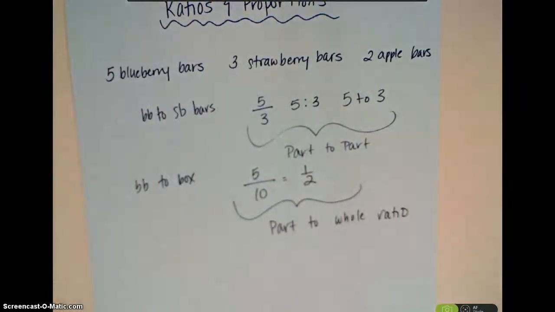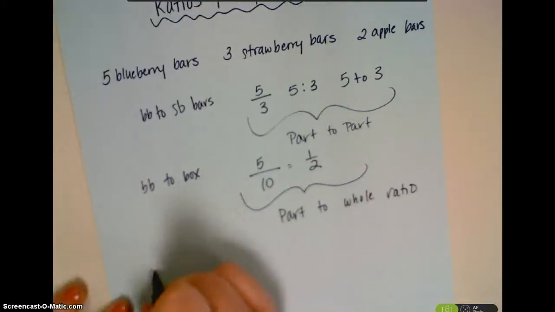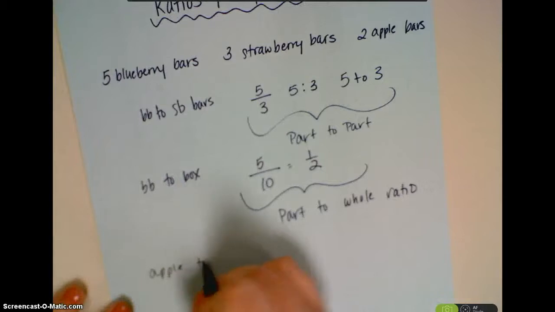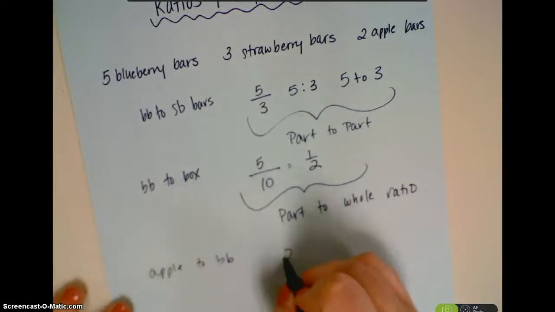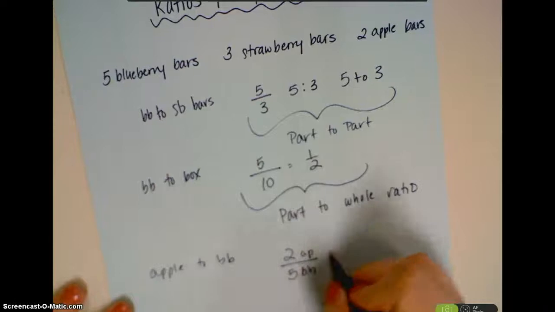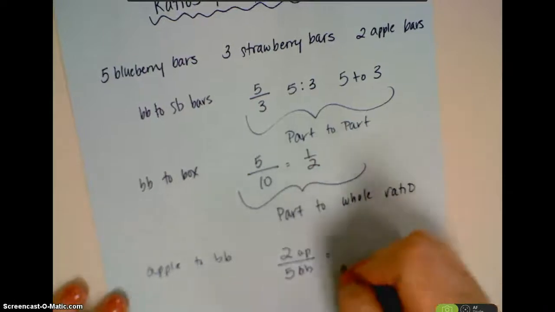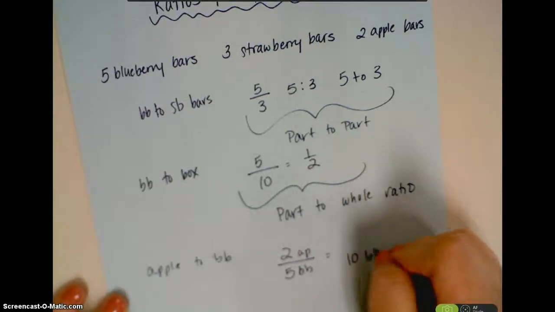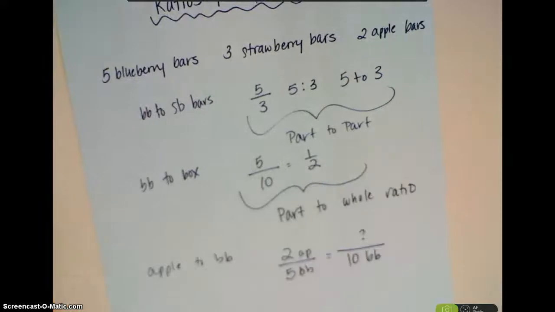Okay. The nice thing is once we start having our ratios, we can actually use them to make predictions. So what I could say is if I know that there are 2 apple bars for every 5 blueberry bars, okay, so we'll say apple to blueberry, can I predict if I had 10 blueberry bars, how many apple bars there would be?